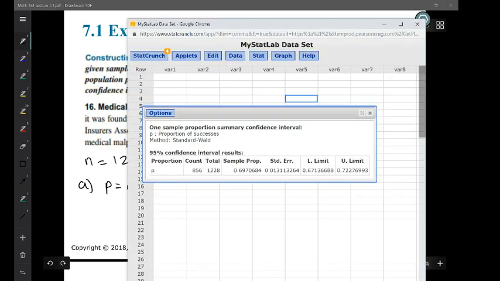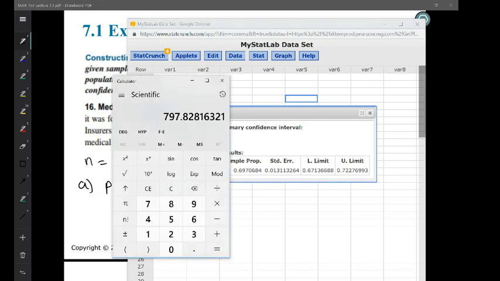So going back to StatCrunch, our upper limit is 0.7227. And then subtract the lower limit, 0.6713. Then divide by 2.